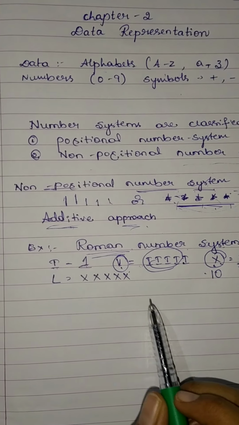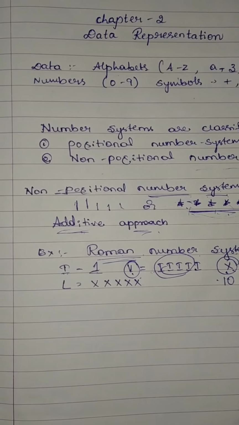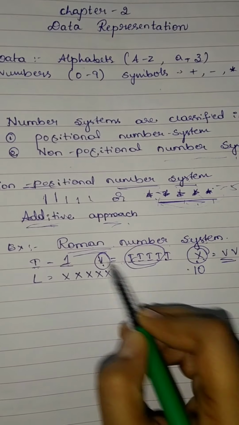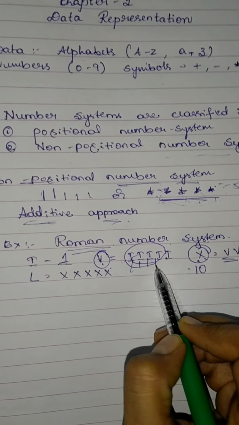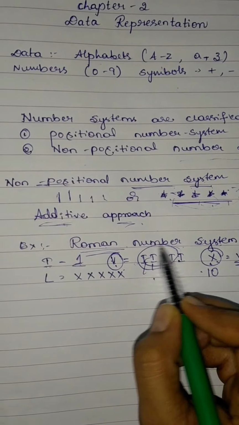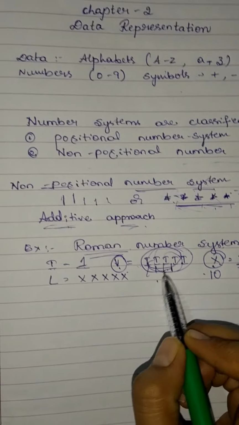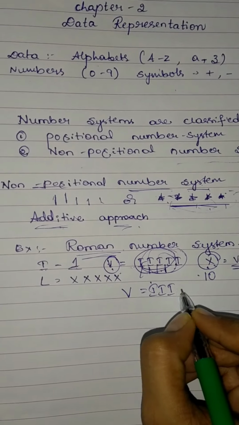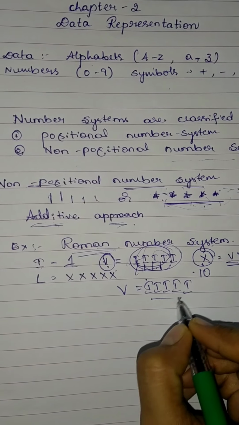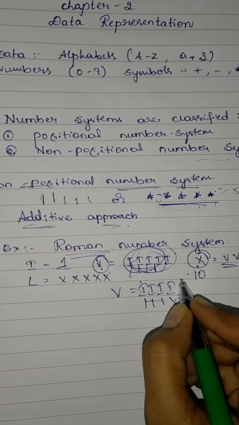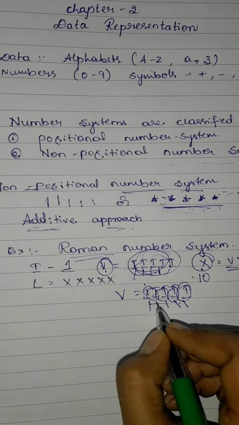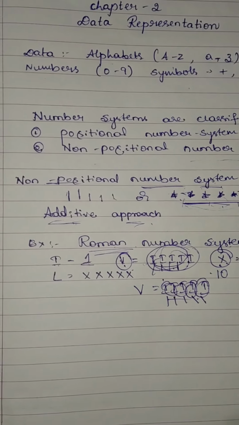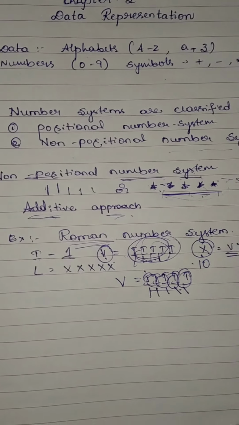Each symbol represents a definite value irrespective of the position in which it appears. Each symbol represents some value, but there is no positional value. So this number system cannot be effectively used to perform arithmetic operations.